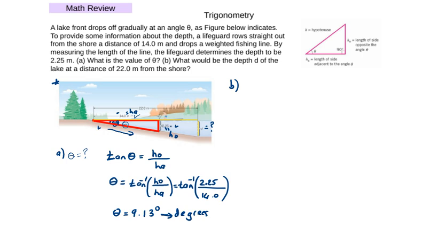Drawing is not easy. Let me use straight lines again so it will be better. I have this larger triangle now, from here to there, and I'm completing it along the lake.